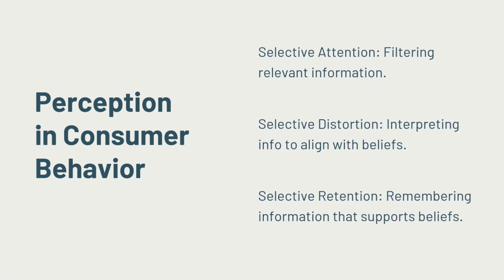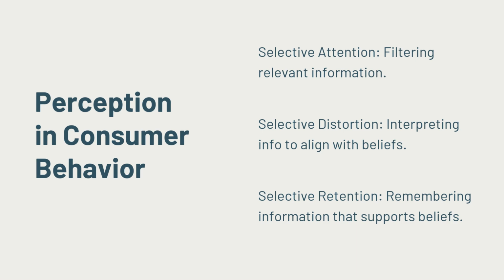Now let's move on to subliminal perception. And this involves the processing of information by consumers without them being consciously aware of it. Subliminal messages are designed to influence consumers below the level of conscious awareness.